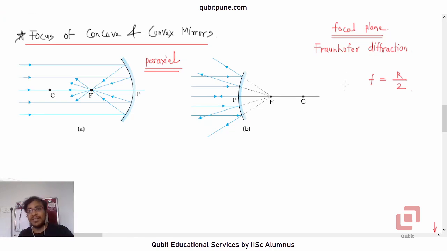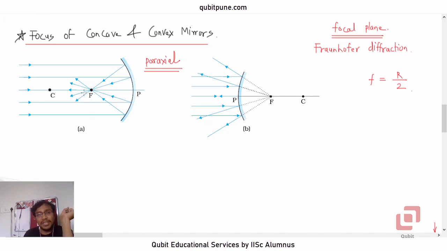So to get the diffraction pattern, we actually put a lens there. So the ideas of focal plane apply to both mirrors and lenses. That plane where a parallel beam of light after undergoing reflection or refraction is convergent, that particular point is called as focus.